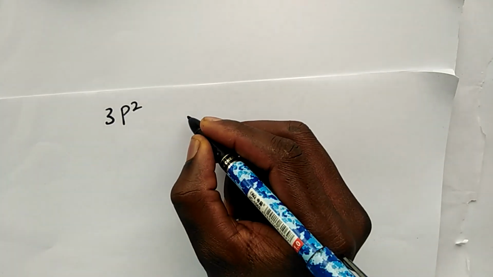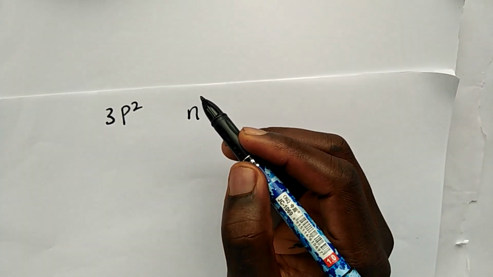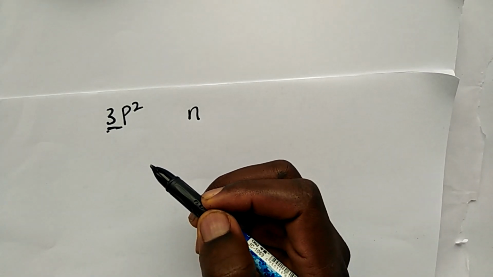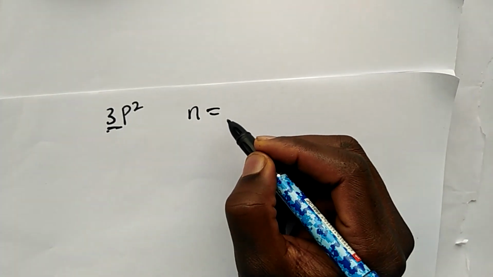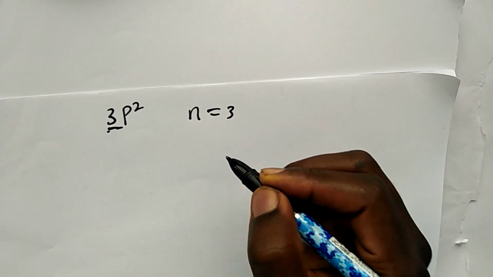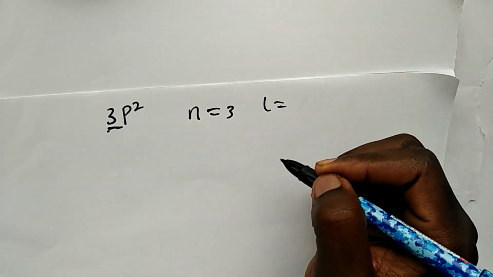So, to find the 4 quantum numbers of this particular electron, we start with the principal quantum number n. Usually whenever you are given something like this, the number in front is always the principal quantum number. So in this case, our principal quantum number is equals to 3. Then what about our azimuthal quantum number L?